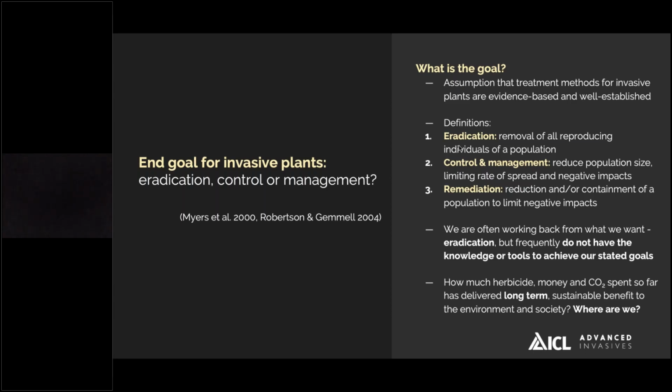But when we think about balsam in particular, this is absolutely a goal that we can achieve. And control and management, by stretching that out, we're actually reducing the sustainability of management if we can completely remove a population in situ, particularly using herbicides in a sustainable way. That means that we are acting in a sustainable way overall.